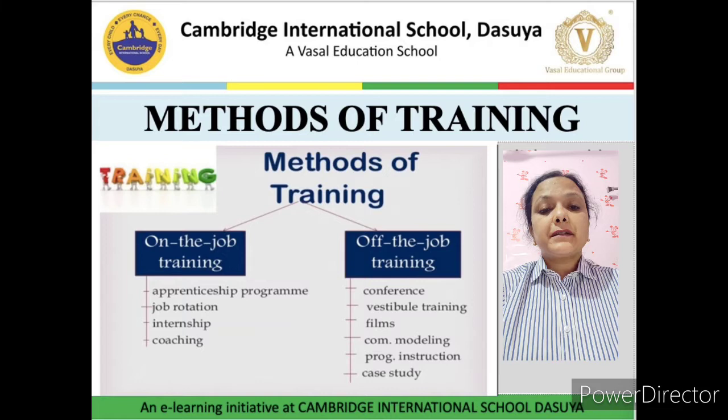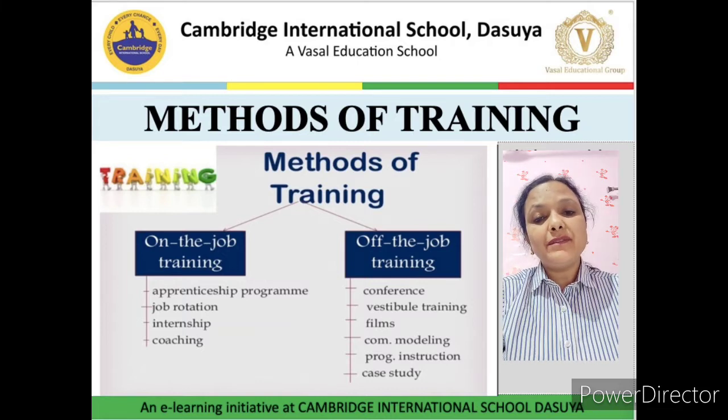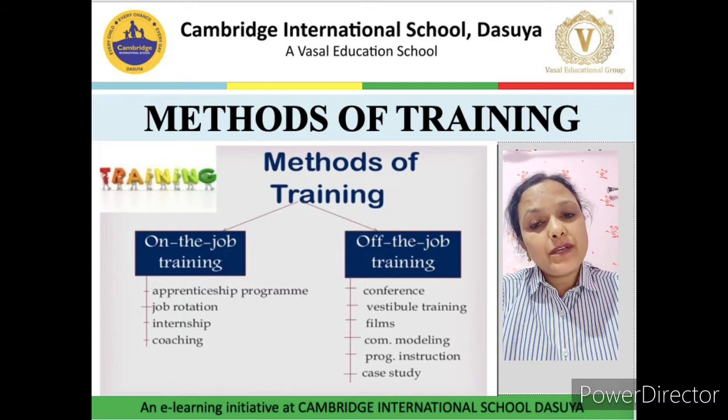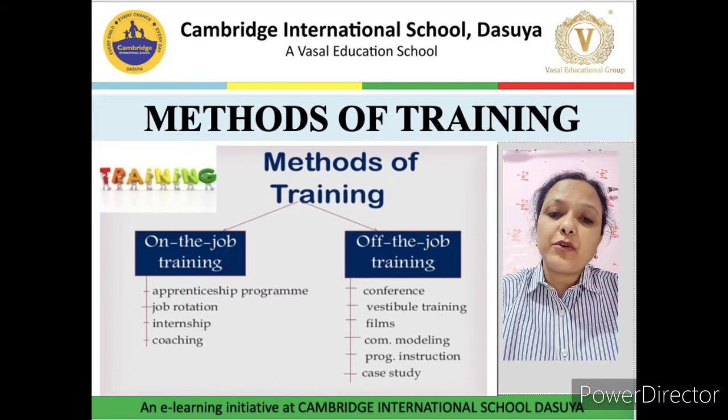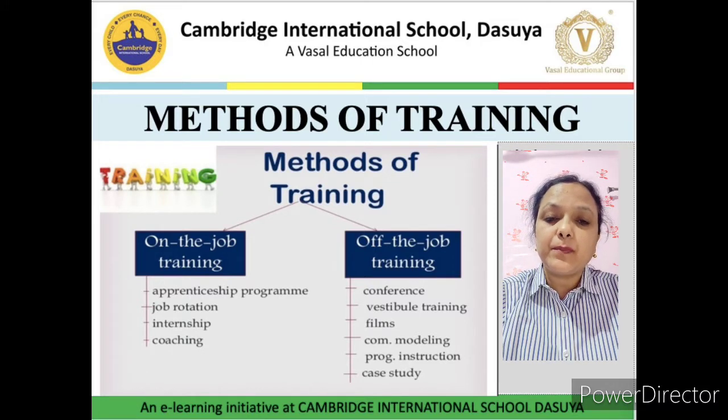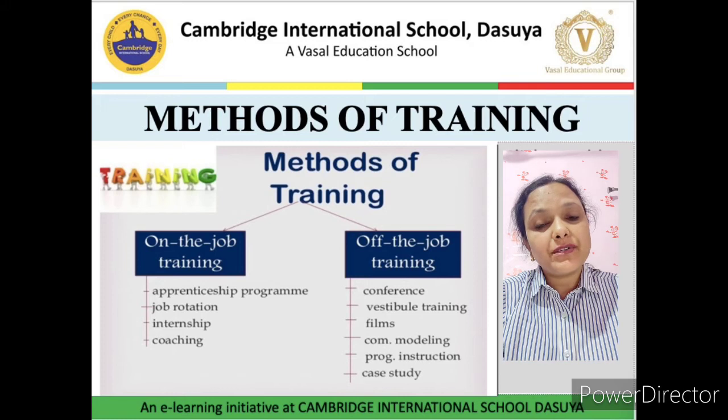After studying training and development, now we will study the different methods of training. On the job methods and off the job methods. On the job methods include apprenticeship training, internship, coaching, job rotation.